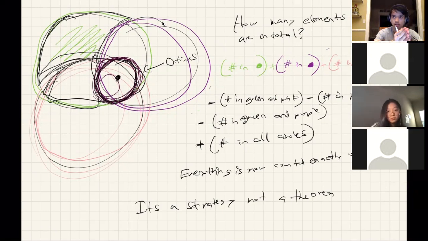A theorem implies there's only one way to use it, when in reality there's a ton of ways.